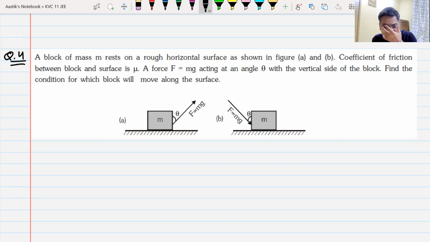Let's see who gets me the answer for this one. There are two cases given, case A and case B. I think case B came last year. Let me see if I can find that question.